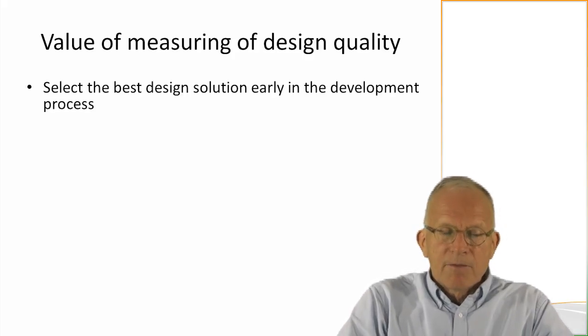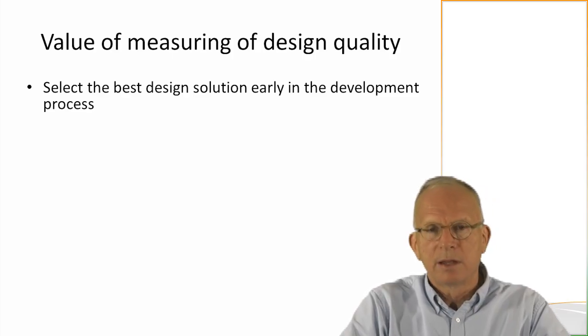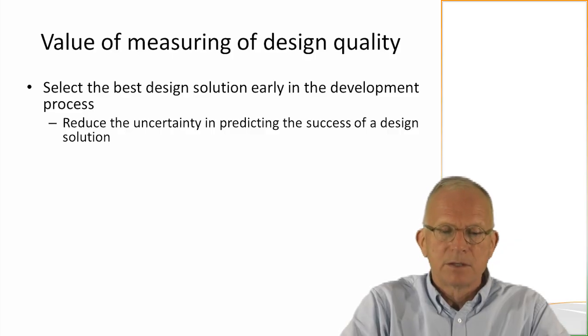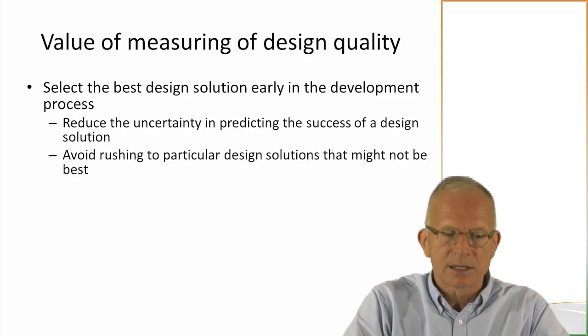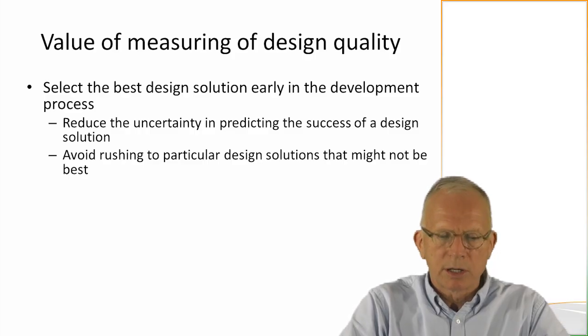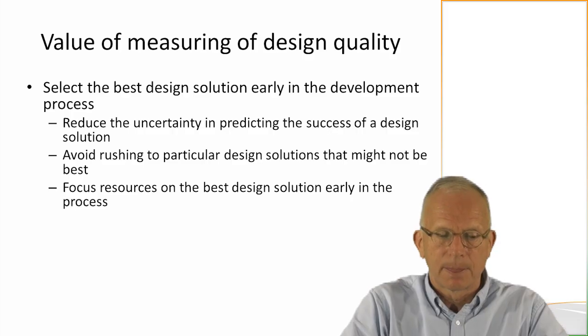There is some value, of course, in being able to measure design quality. We would like to be able to select the best design solutions early in the development process. That allows us to focus our resources and to reduce the uncertainty in predicting the success of a design outcome. We would like to avoid rushing to a particular design solution that might not be the best.